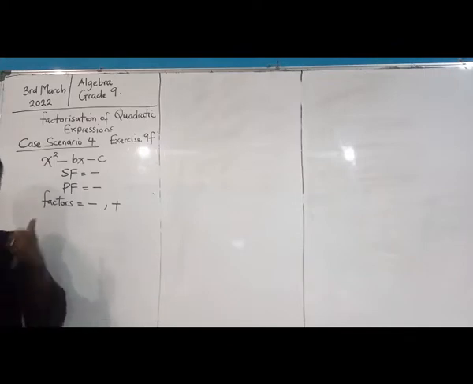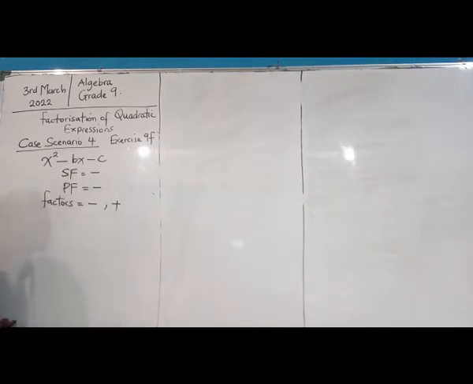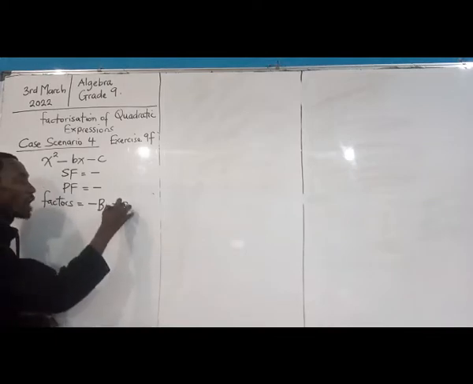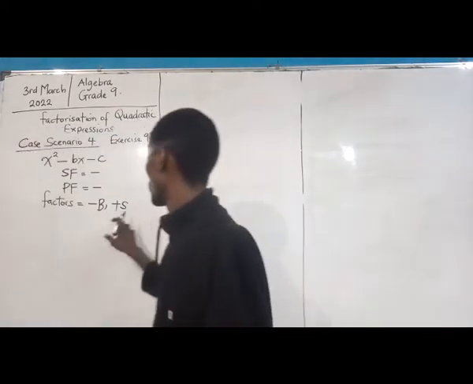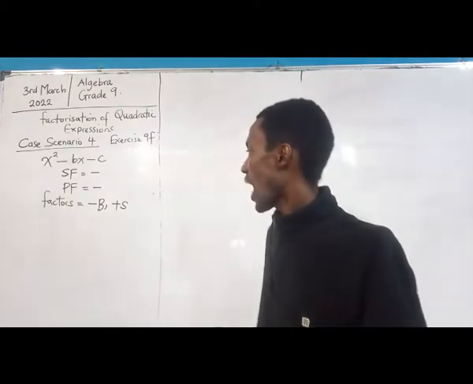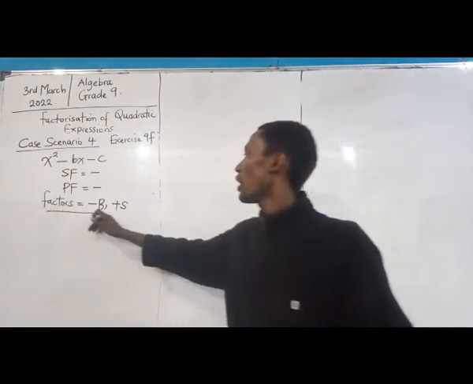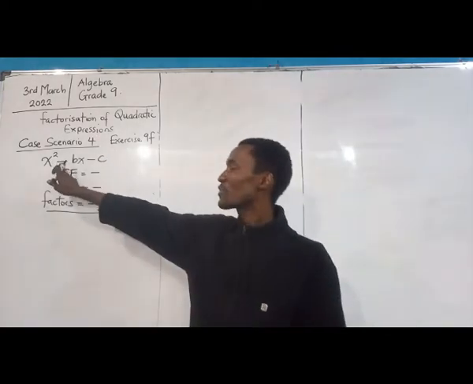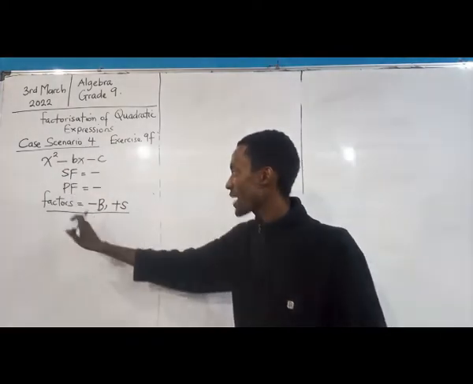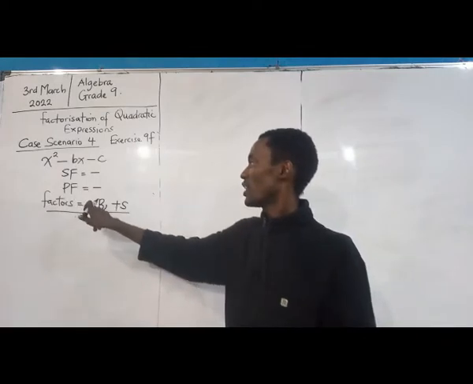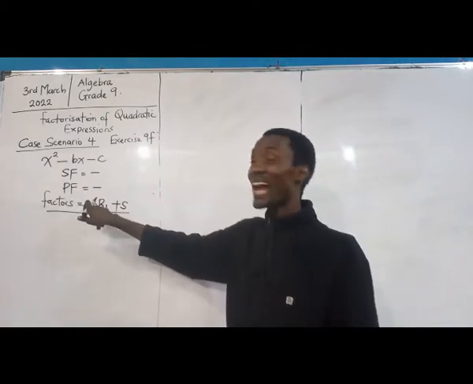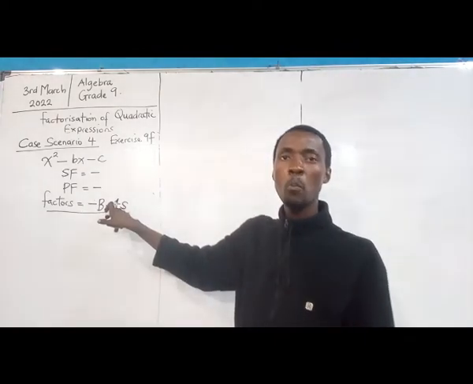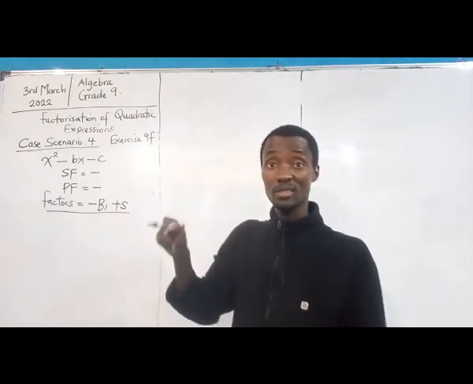But if the sum gives a negative, what it means is that the negative is bigger and the positive is what? Smaller. Right? So this is what we're expecting from this scenario. Whenever we have negative and negative, we expect that the bigger number will be negative and the smaller number will be what? Positive. You must remember this.